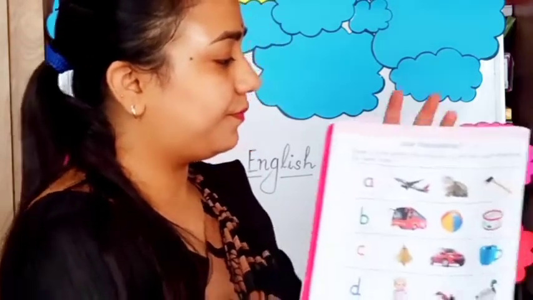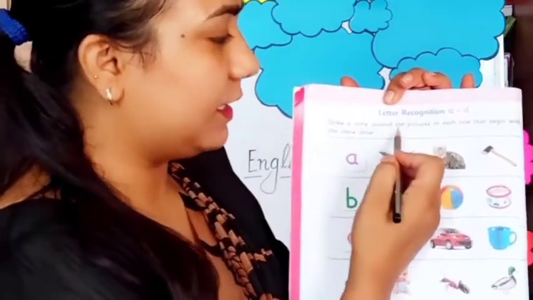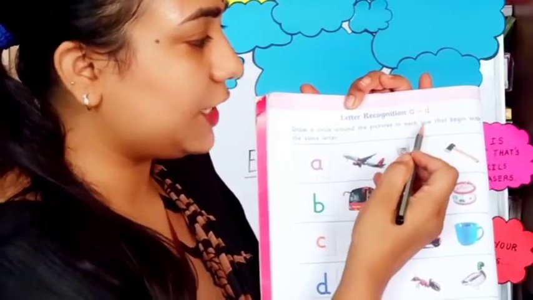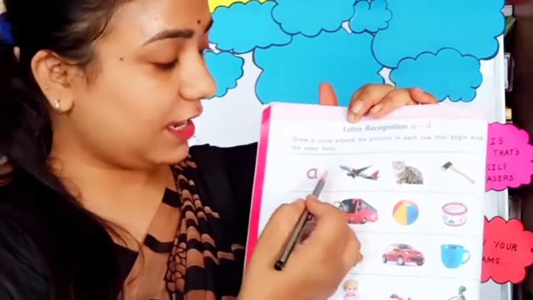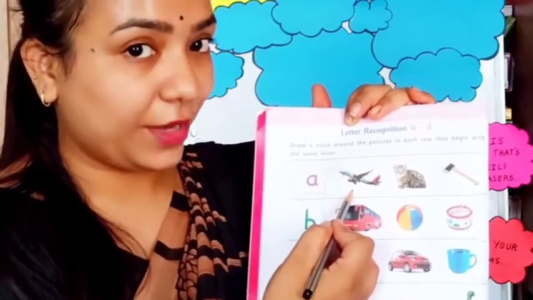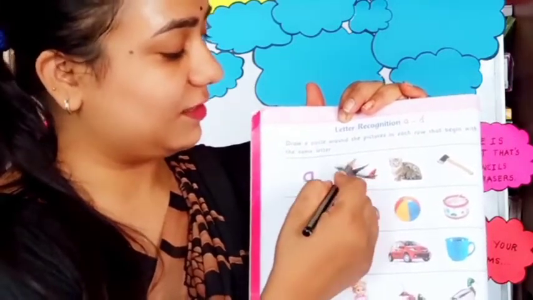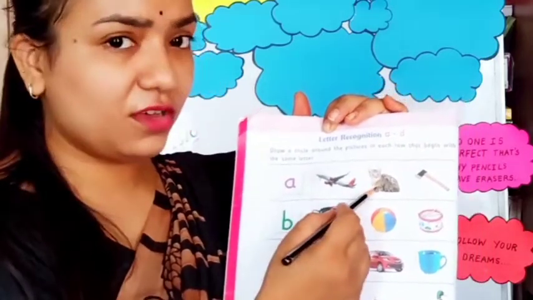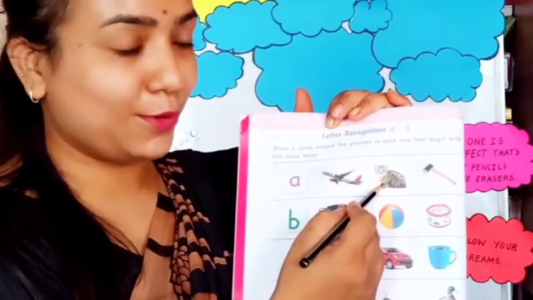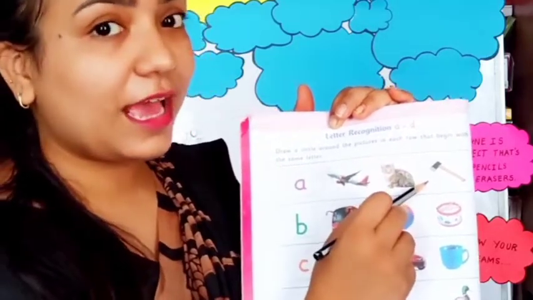So now next. Draw a circle around the pictures in each row that begin with the same letter. A is for aeroplane. So we will circle the aeroplane. A is for cat. No. A is for axe.